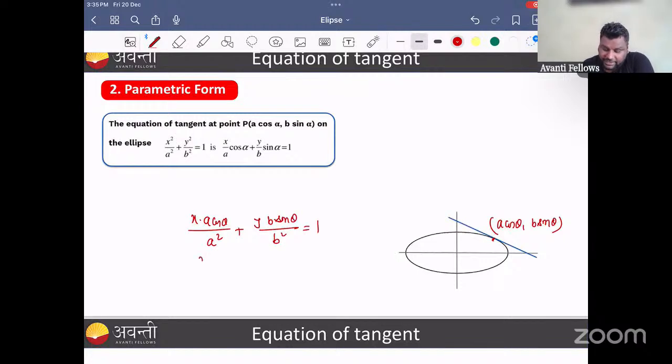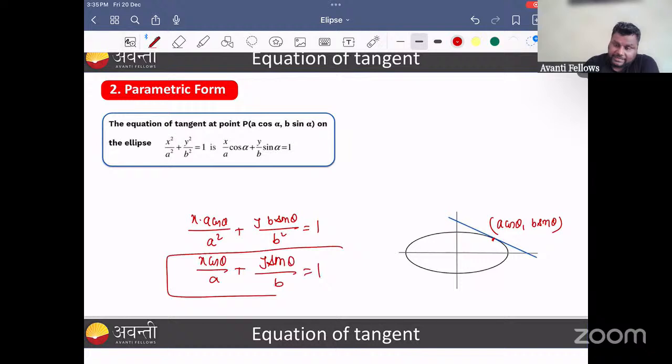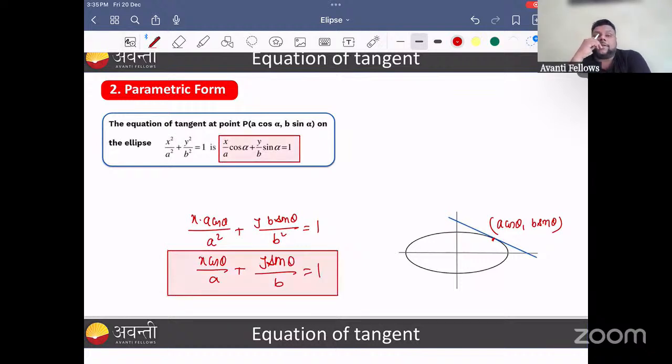So it is x cos theta upon a plus y sin theta upon b equals 1. This is the equation of tangent. Like they have written in the form of alpha, equation of tangent at the point a cos alpha, comma b sin alpha on the ellipse. Understood? Take a moment and absorb it.